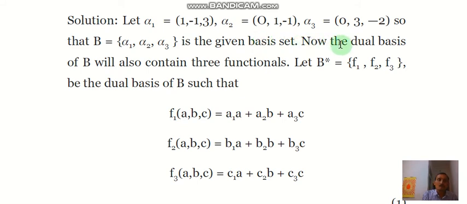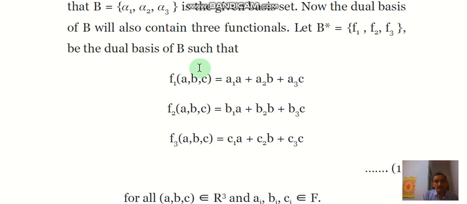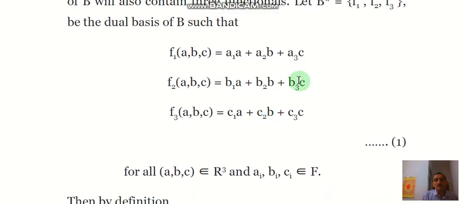And now the dual basis of B will also contain three functionals. Let B star equal to {f1, f2, f3} be the dual basis of B, such that we assume the general forms: f1(a, b, c) equal to a1 a plus a2 b plus a3 c, f2(a, b, c) equal to b1 a plus b2 b plus b3 c, and f3(a, b, c) equal to c1 a plus c2 b plus c3 c.